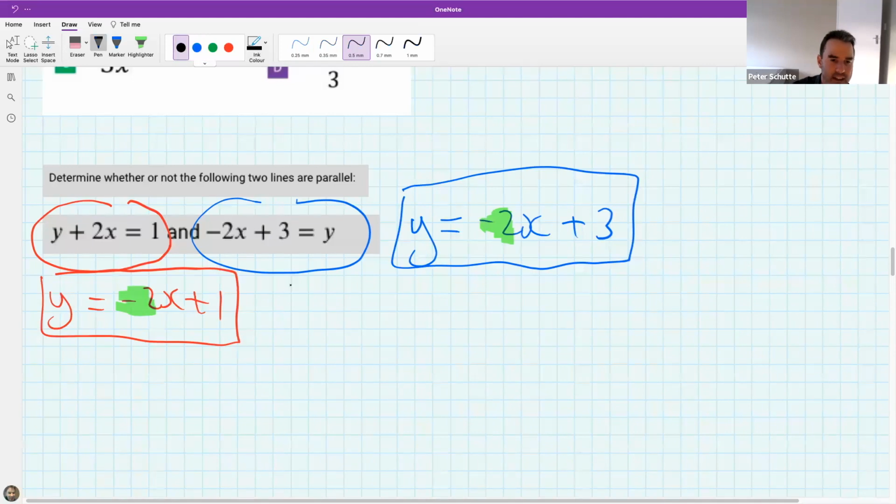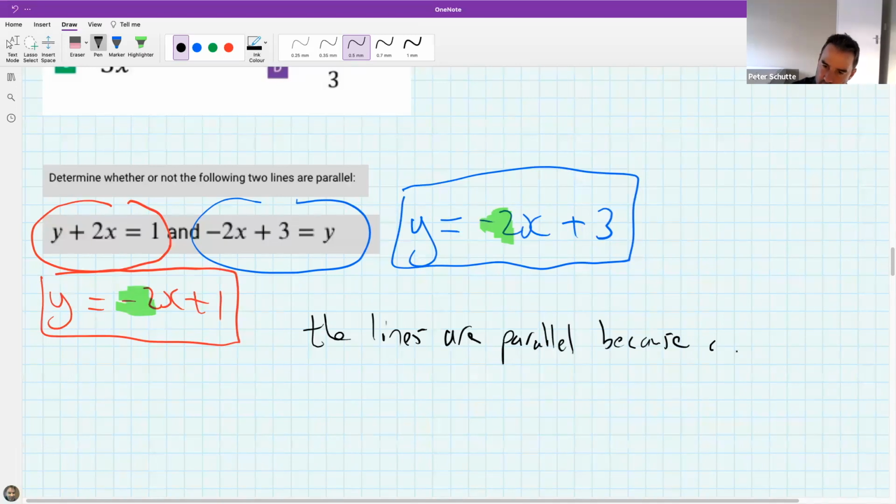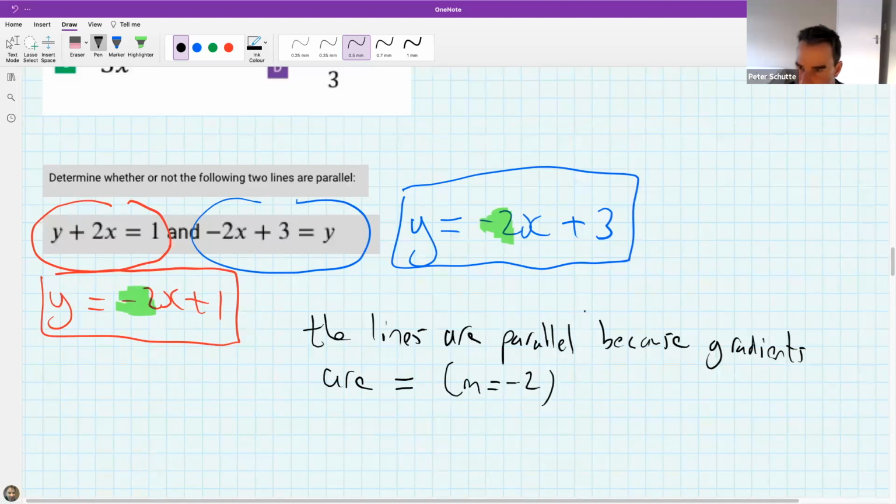So we can say the lines are parallel because the gradients are equal. And both those gradients were minus 2. Yeah, exactly. So they are parallel.